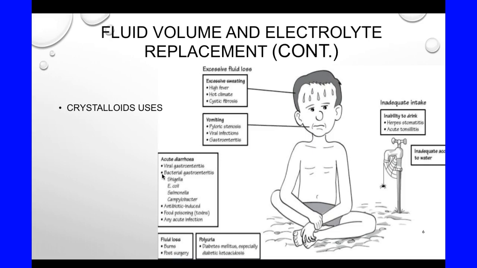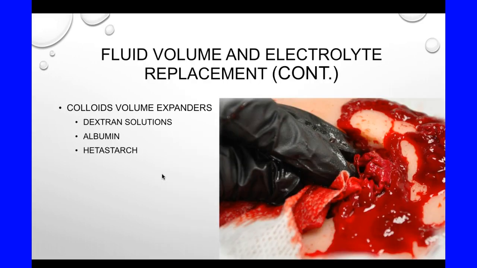You can read the slide and see that there are multiple reasons why we can lose fluid volume and electrolytes in our system. When you think electrolytes, you think potassium, sodium, calcium, magnesium, phosphorus, etc.